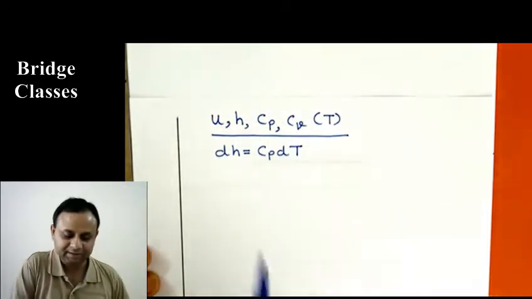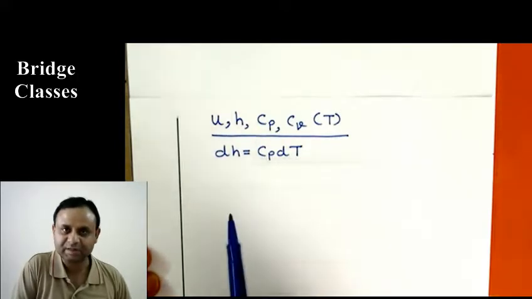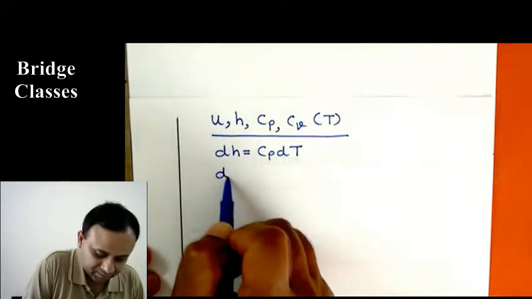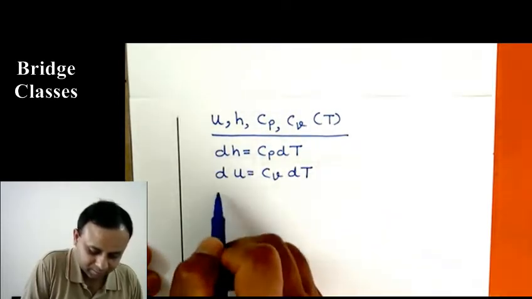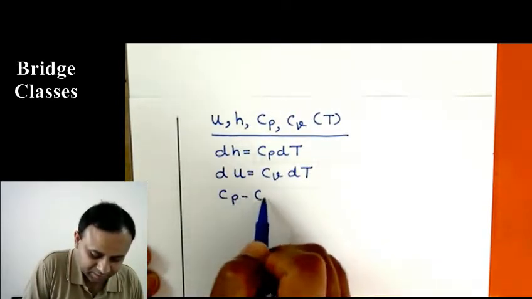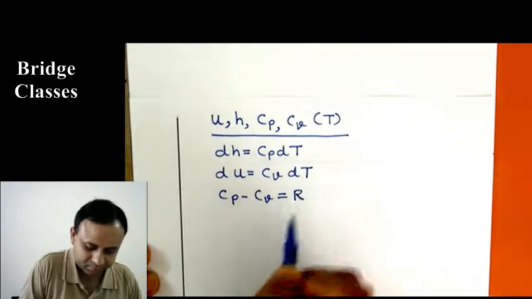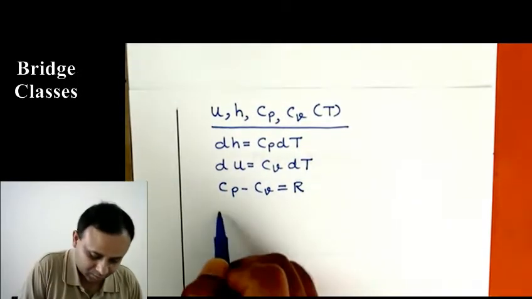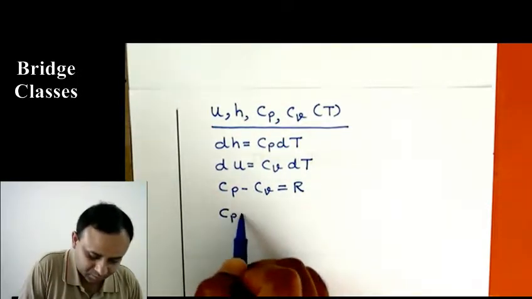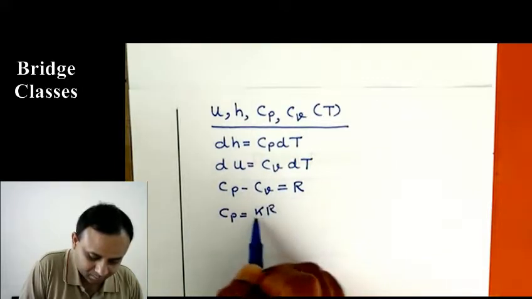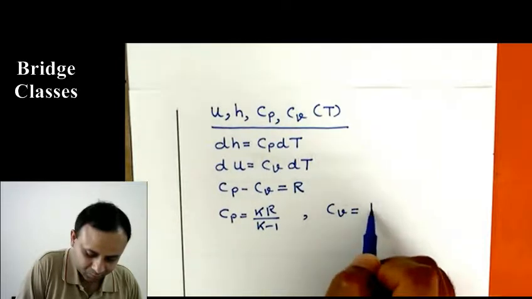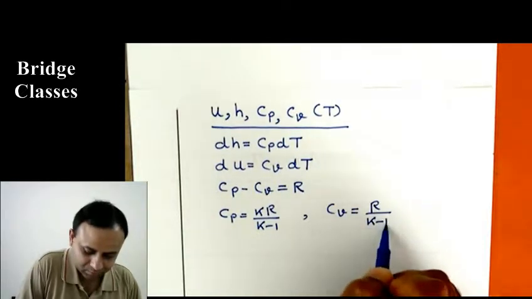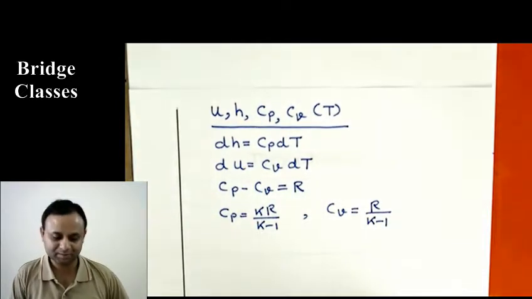We can integrate these to get delta H is Cp delta T. And we get dU is Cv dT. And you get Cp minus Cv is R. And you also get Cp is kR over k minus 1, and Cv is R over k minus 1. So these we must remember.